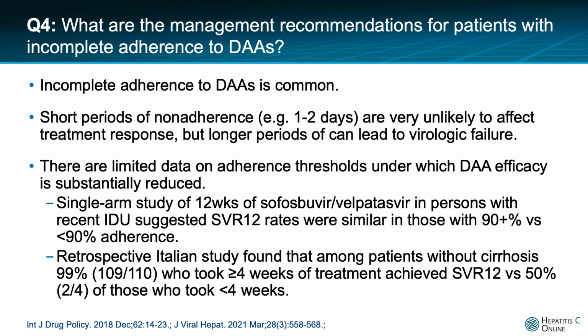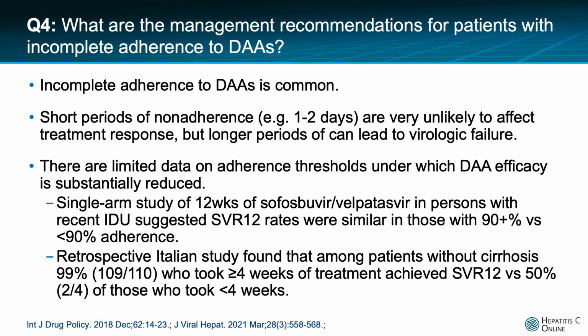Episodes of non-adherence lasting 1 to 2 days occurred in 61% of participants, whereas episodes lasting 3 to 6 days occurred in 17% of participants, and episodes greater than or equal to 7 days occurred in 11% of participants. Despite relatively frequent non-adherence in this study, SVR12 was achieved in 94% of individuals with less than 90% adherence, as well as 94% of individuals with greater than 90% adherence.